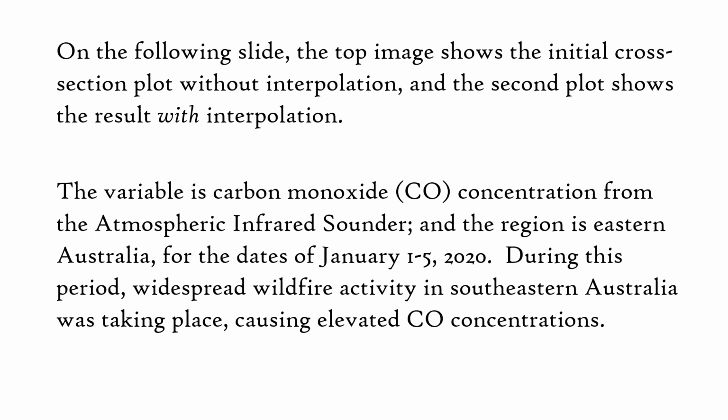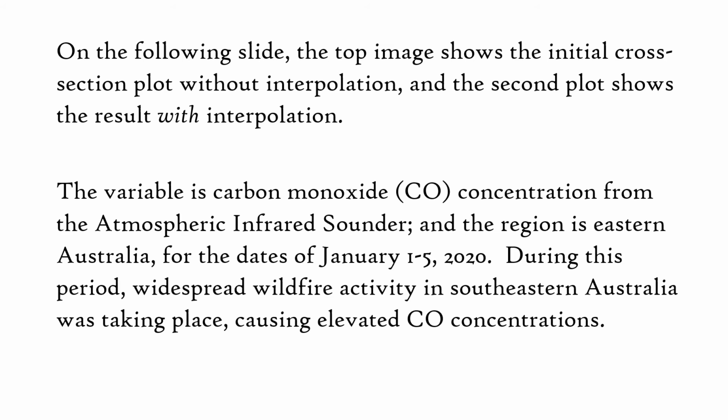On the following slide, the top image shows the initial cross-section plot without interpolation, and the second plot shows the result with interpolation. The variable is carbon monoxide, CO, concentration from the Atmospheric Infrared Sounder, and the region is Eastern Australia for the dates of January 1 through 5, 2020.